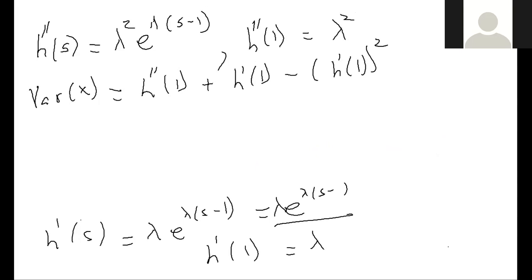So, which is lambda square plus lambda minus lambda square, which is equal to lambda. So this shows that the mean and the variance of a Poisson distribution is the same.